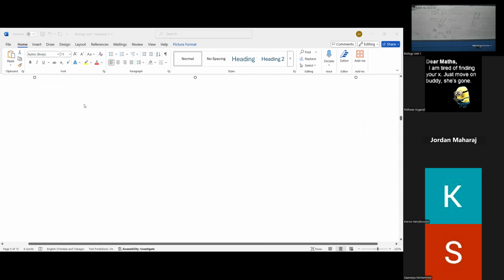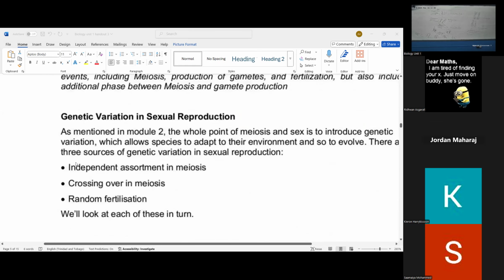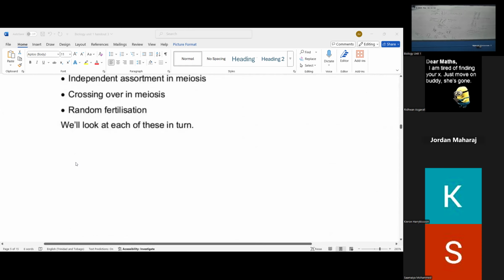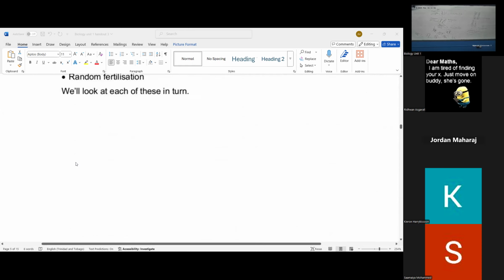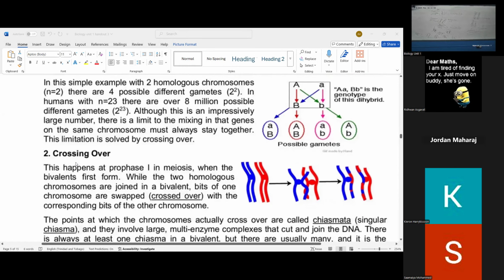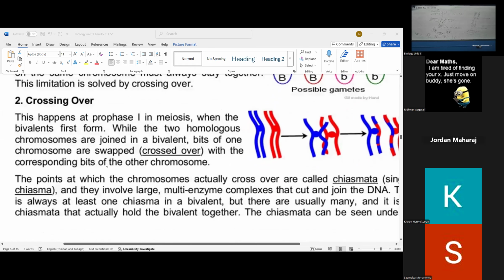The next source of variation would be crossing over, and we went through this already. It is the exchange between your chromosomes to produce variation in the chromosomes. So two homologous pairs line up against each other, and genetic information is swapped at the bivalent.